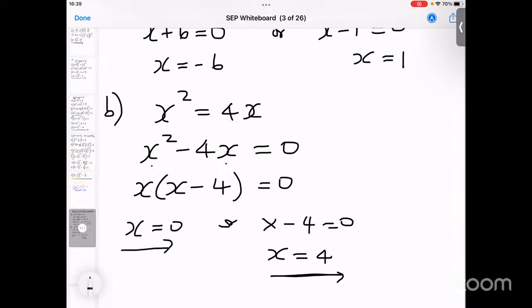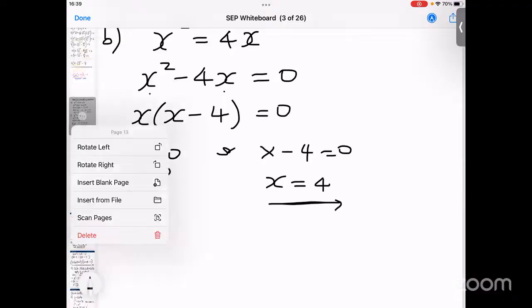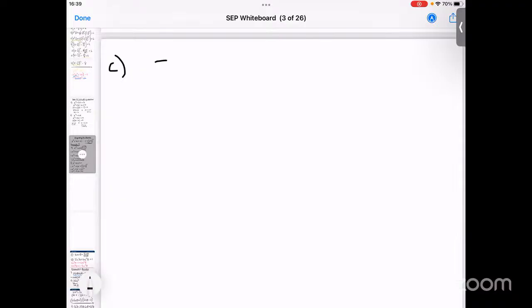So maybe let me add another one. I'm just hoping that it will be worth it for me to add some more. Okay, so maybe let me think of something different. Okay, it's fine. Let's say as a problem C, negative 4x squared is equal to 10x, whereby we minus 6 there.